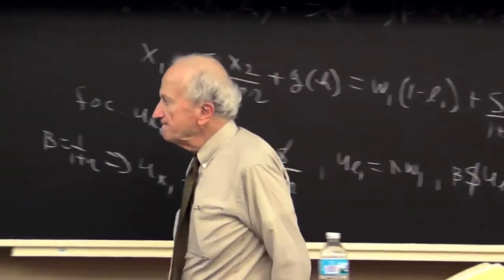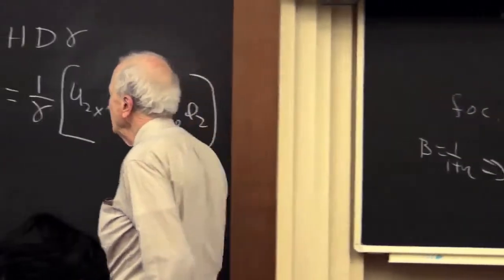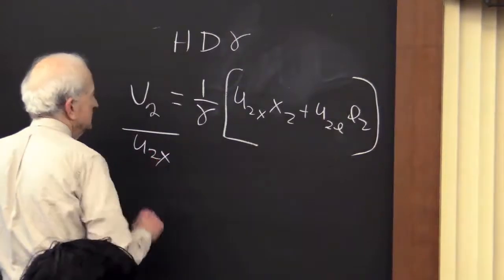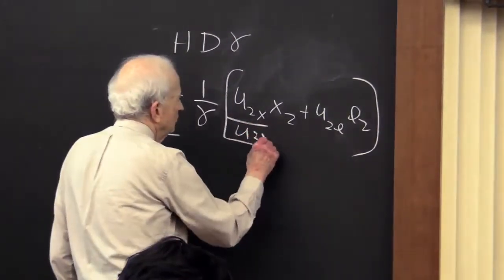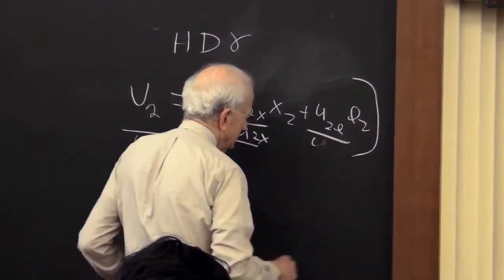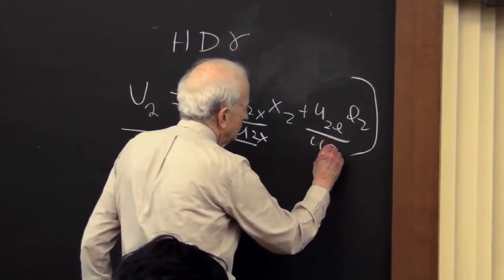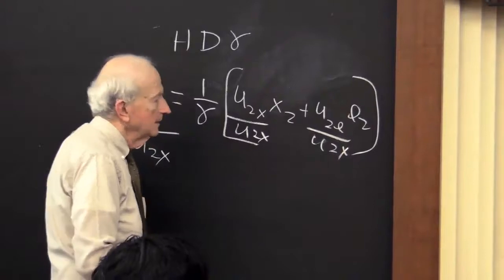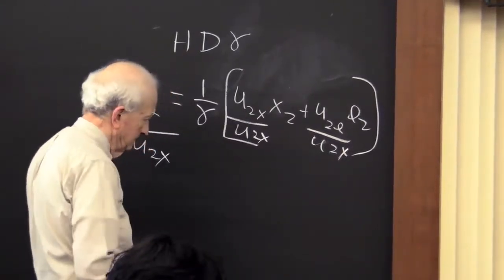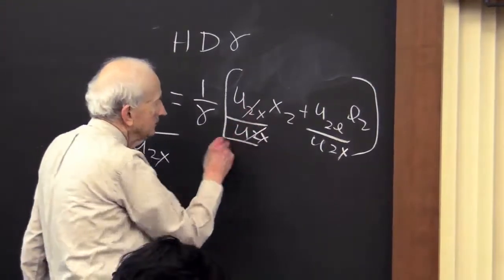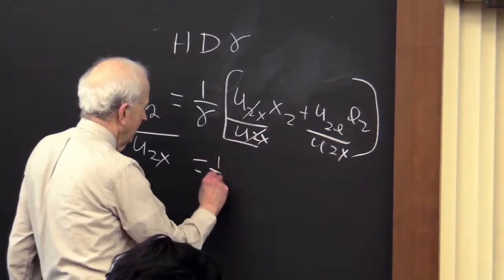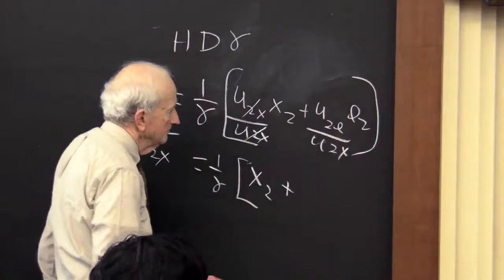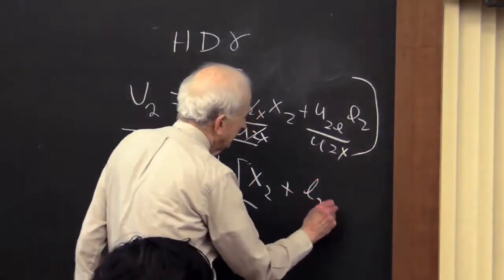So now, if we look at this thing, divide this by u2x, what do we get? Well, this drops out, so we get 1 over gamma times x2 plus L2, write that out here.